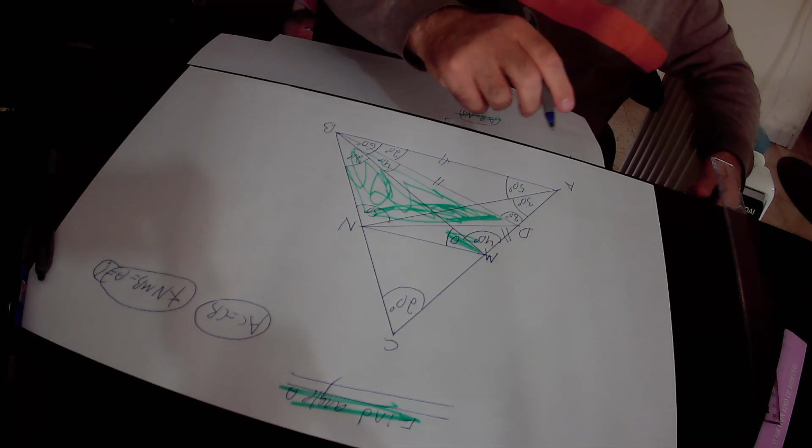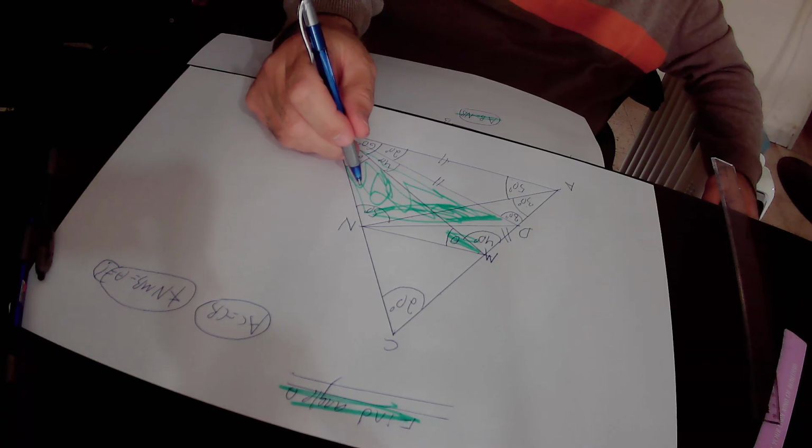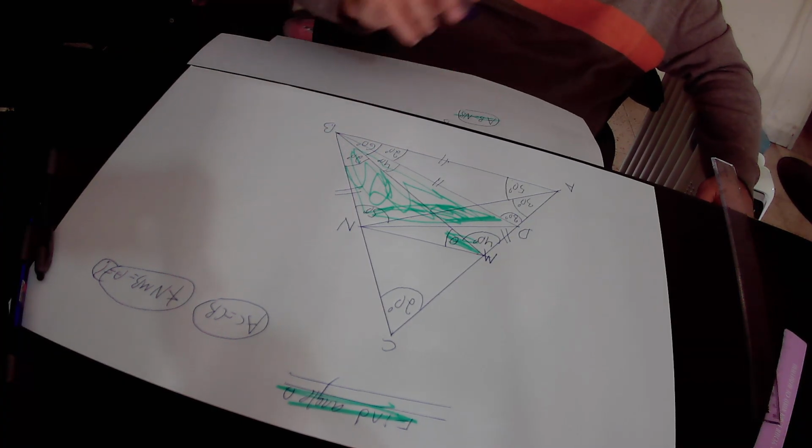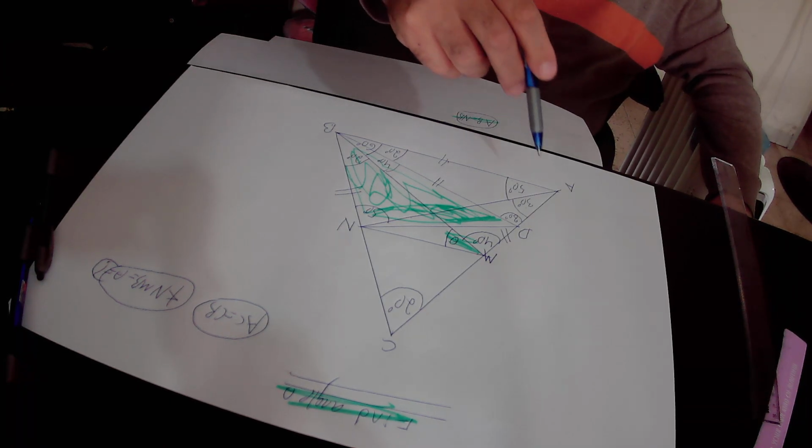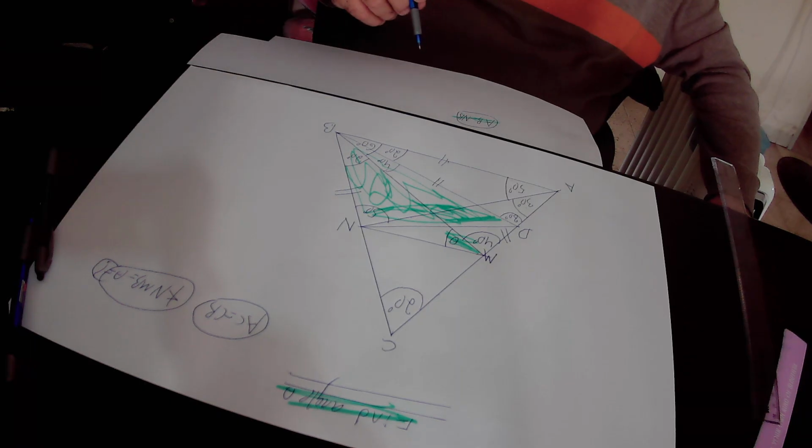So this side AB equals NB. Okay. So now I'll copy the green triangle DNB in a new page and we'll analyze this triangle DNB.